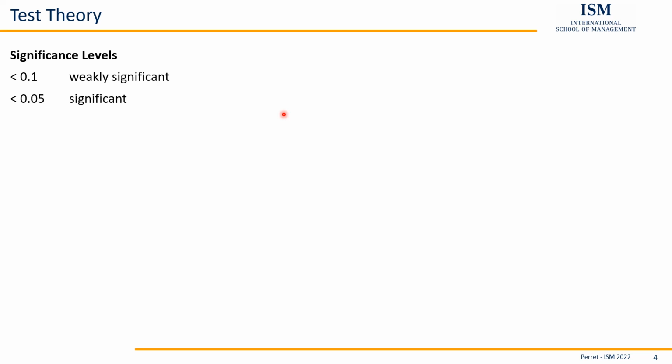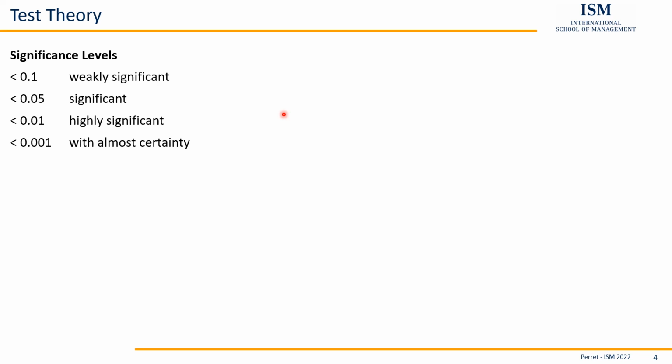That's an additional insight. If we are a bit stricter, we could also say we do not only want significant results, we want highly significant results, that would be smaller than 1%, or we want a result with almost certainty, which here would be less than 1 per mil, or 0.1 percentage point.